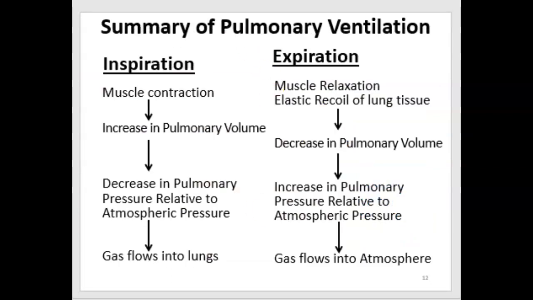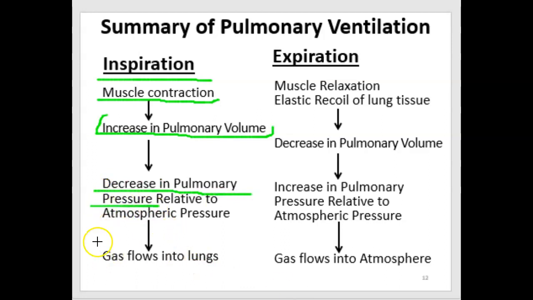So the summary of pulmonary ventilation is that inspiration requires muscle contraction during normal quiet breathing. It increases the volume of the lungs, and that lowers the pressure in the lungs relative to atmospheric pressure. And so gas will flow into the lungs from high to low pressure. During expiration, the opposite is basically true.